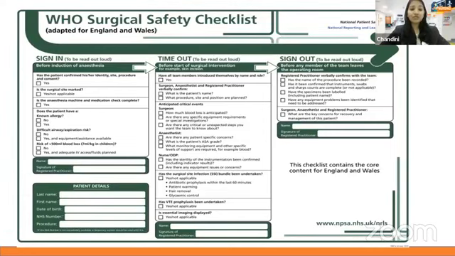The third parameter I would like to emphasize is risk evaluation of the patient by the anesthetist. Is there any anticipated blood loss, and any preservation of blood products? This is done by the anesthetist and the surgeon in coordination with the circulatory nurse. The timeout starts before the surgical incision.